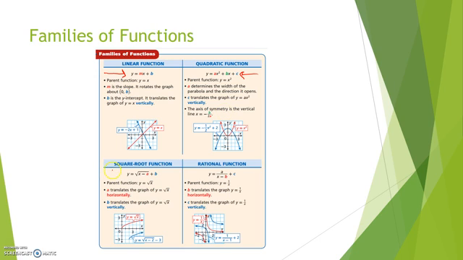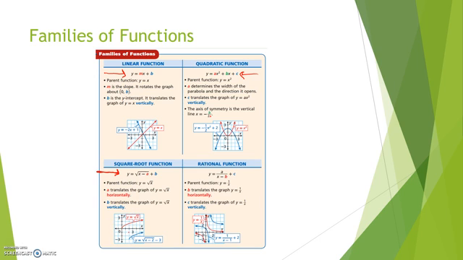We've worked with square root functions where we're working with the radical sign here. So y equals the square root of x minus a plus b. And we've talked about whether the graphs are translating horizontally or vertically. So they're kind of like half of a curve right here.